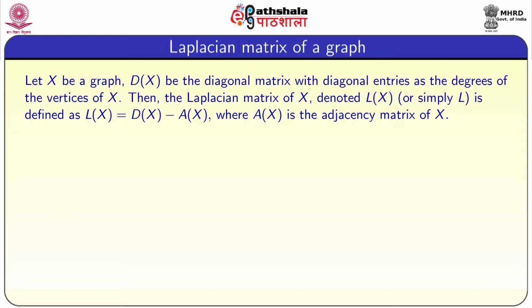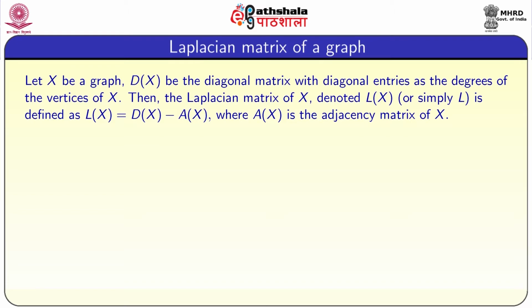The Laplacian matrix of a graph is defined like this. Let X be a graph, D of X be the diagonal matrix with diagonal entries as degrees of vertices of X. Then the Laplacian matrix of X, denoted L of X or simply L if X is clear from the context, is defined as L of X equal to D of X minus A of X, where A of X is the adjacency matrix of X. Simply, Laplacian matrix is equal to degree matrix minus the adjacency matrix.